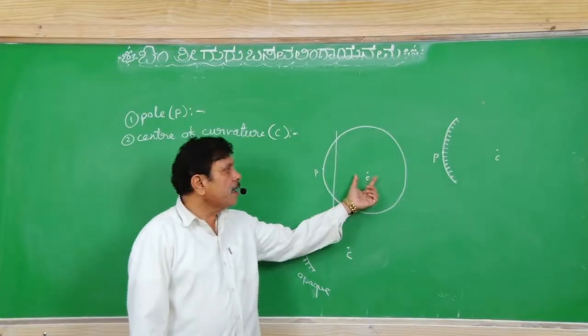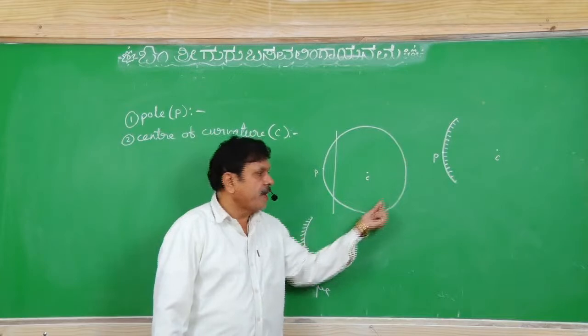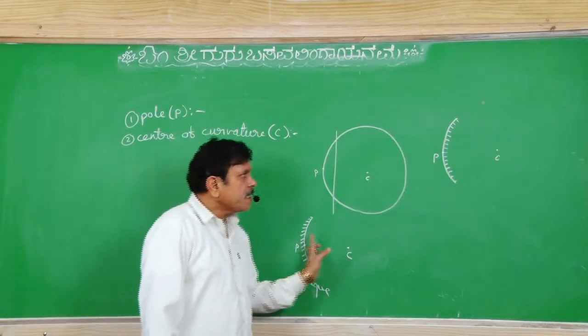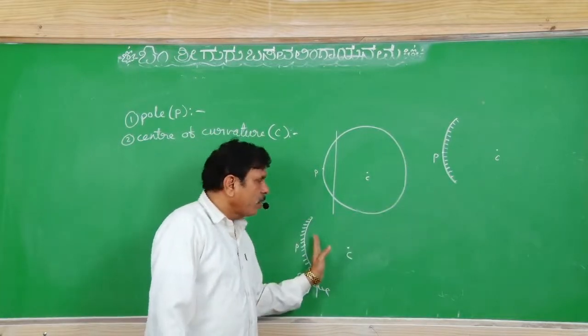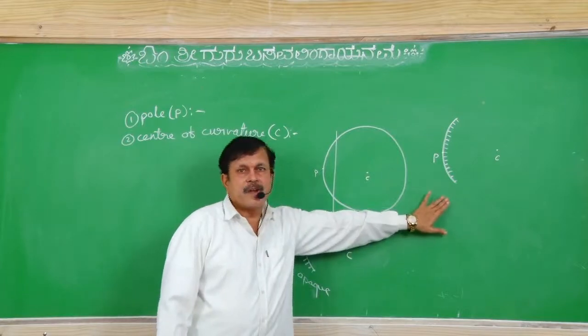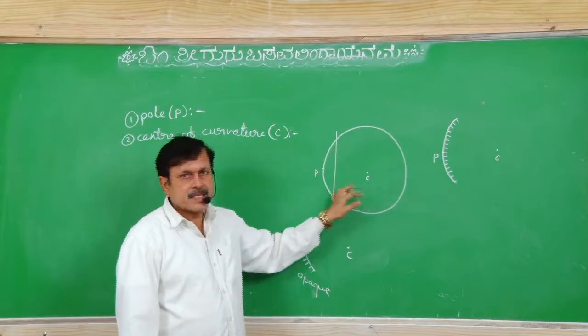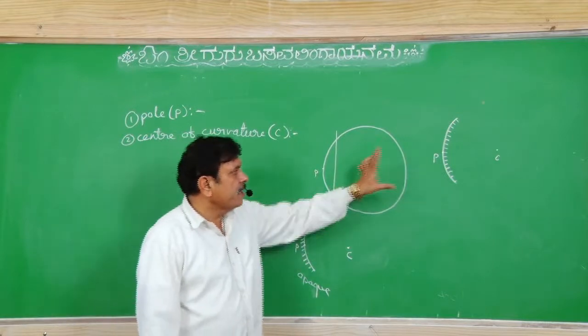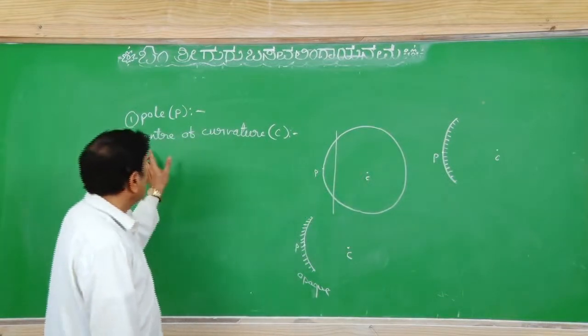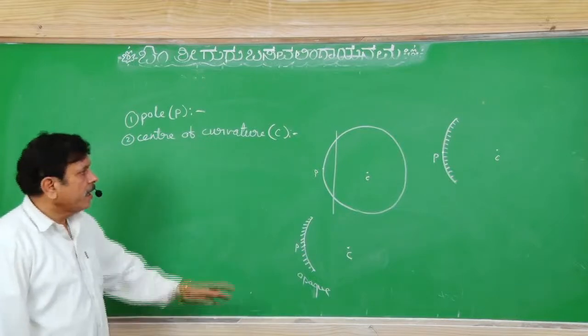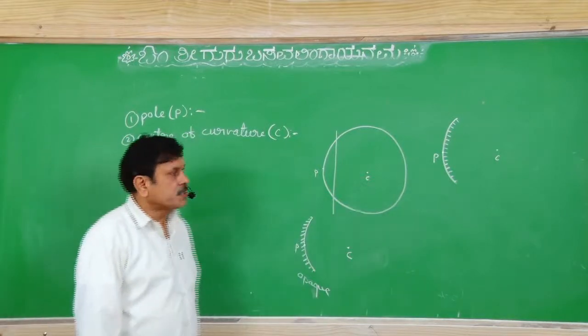The center of the spherical surface of which the spherical mirror, concave or convex, is a part is called the center of curvature, and it is denoted by the letter C.